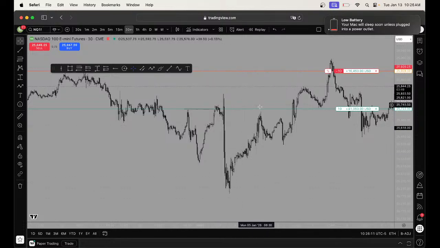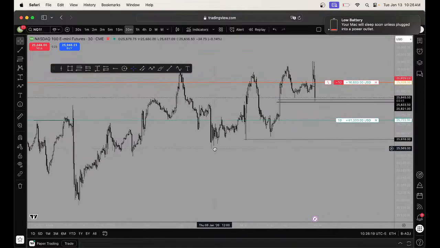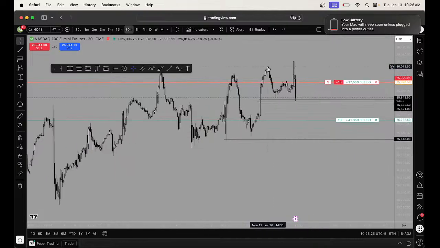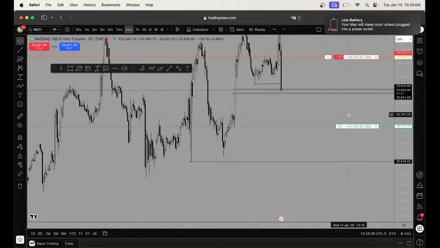Then we're bearish, then we're bullish, and then bullish right here. Failed to displace. We took out this low right here, so this is a market structure shift or break of structure.